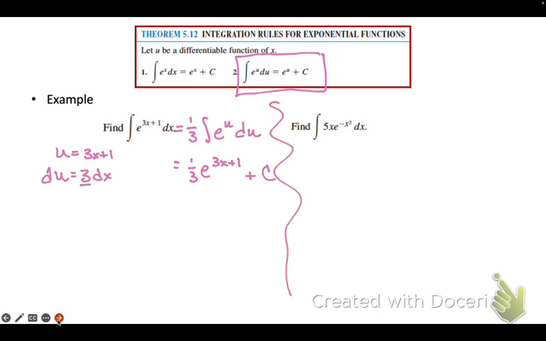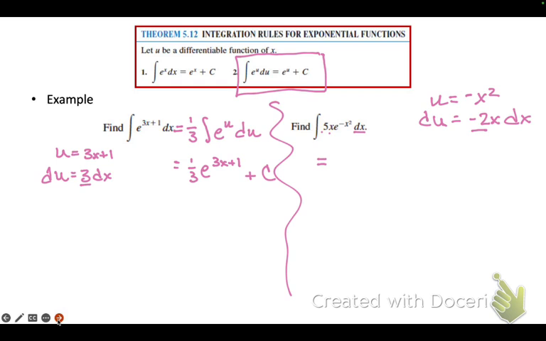What's u? Negative x squared. Yep. Okay, so u prime, or du? Negative 2x dx. Okay, so I got the dx, I got the x. I don't have a negative 2, but I do have a 5. So what do I need to multiply by?